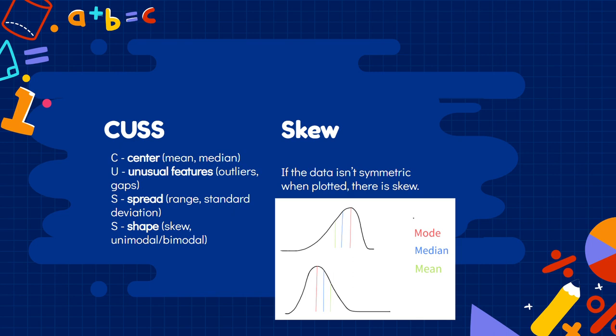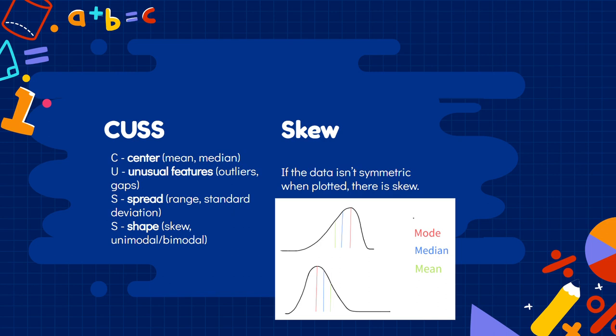So that's that. So skew. What is skew? Sometimes when you plot data, it's not going to be symmetric. Say you're talking about test scores, and you have a high amount of high grades, but it's not equal.